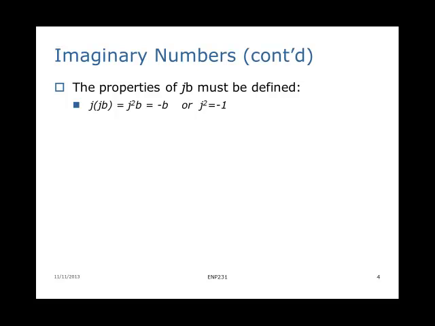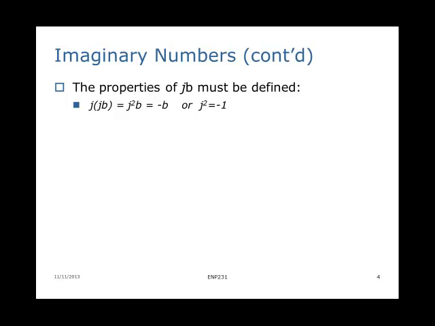When we see something like J operating on JB, we think of that as J squared operating on B. And J times J, think of each time as a rotation of 90 degrees. J squared is essentially a counterclockwise rotation of 180 degrees, and we can replace that with minus 1.